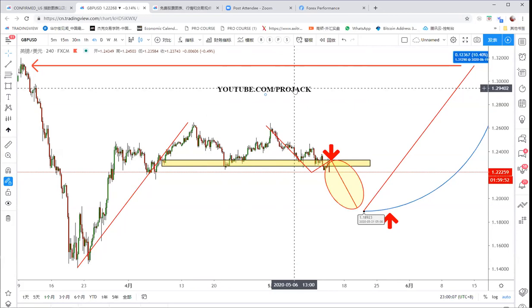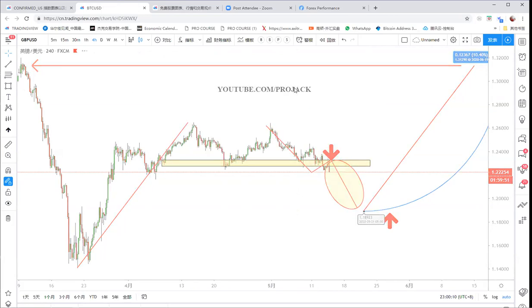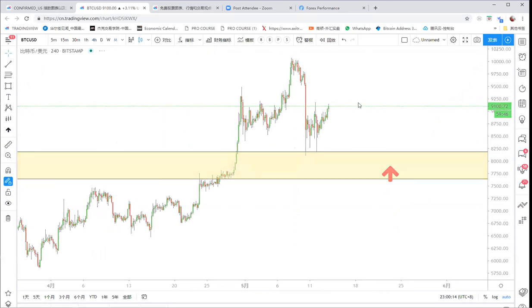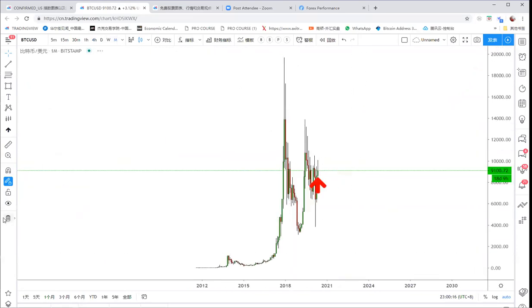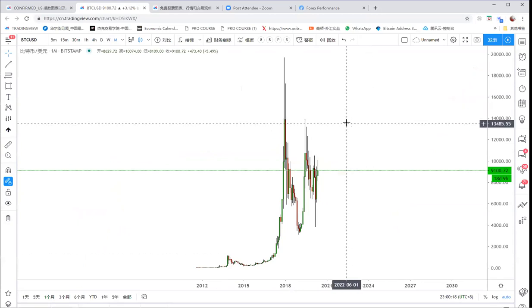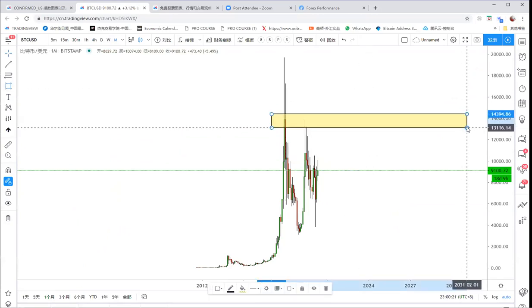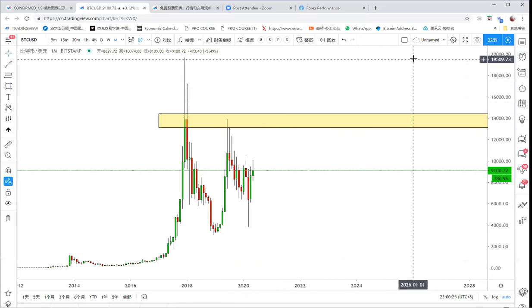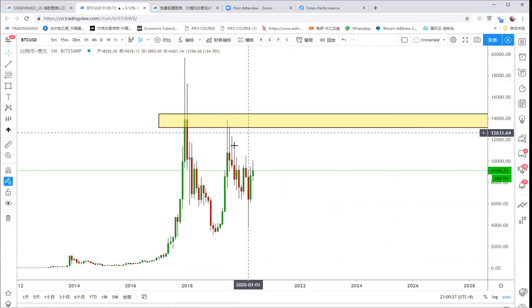Will the Bitcoin go to 200,000? Wow, that's really beyond the imagination. I think it may go to like 14K or 16K first. But 20K is a very high place. It's just like gold.